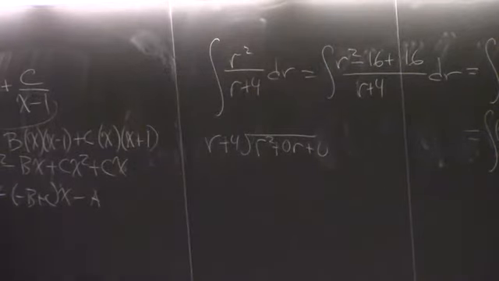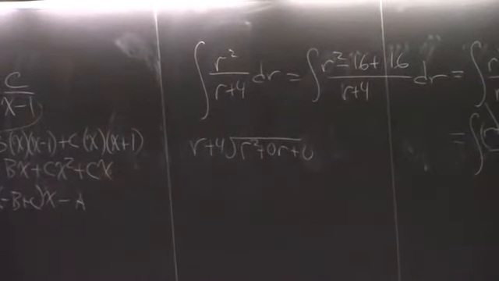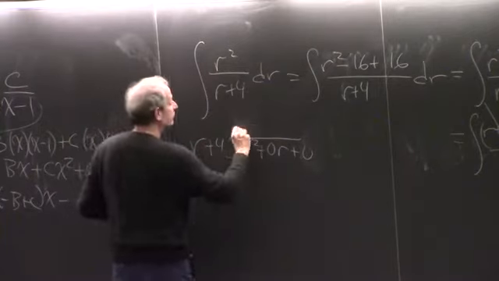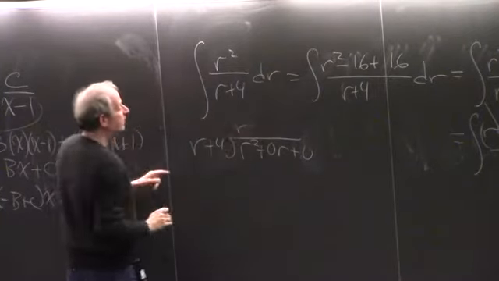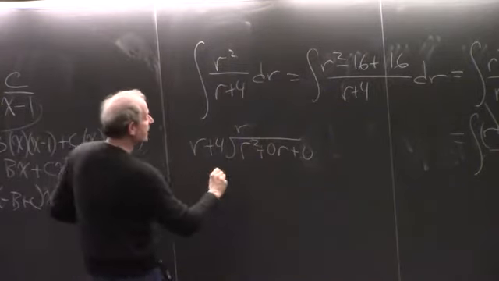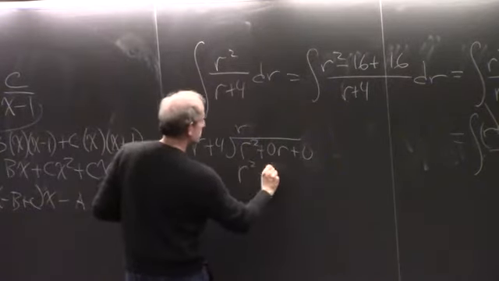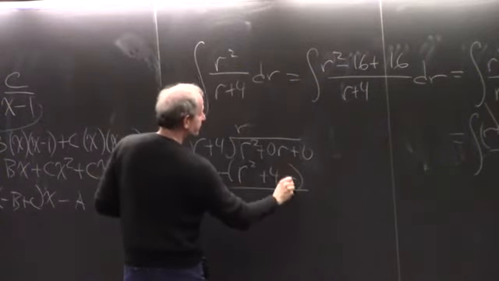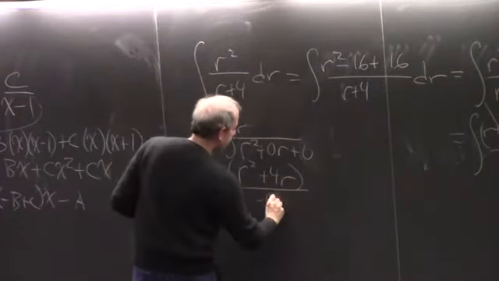Or you can do synthetic division, for those of you who remember synthetic division, which is more fun. So r goes into r squared r times, because r times r is r squared. You multiply them together and subtract, and you get minus 4r.